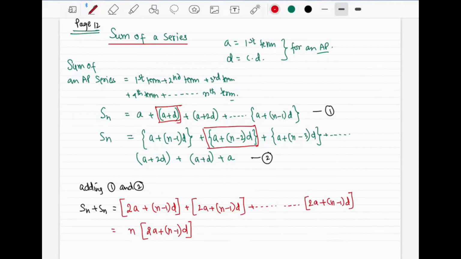Take care of the left hand side also, Sn plus Sn. Since these two are the same value, we will just write twice Sn. What did we want? We wanted to find out the sum of the terms of an arithmetic progression. We have an AP, we have the first term, we have the common difference. So we express the first term, second term, third term like this.